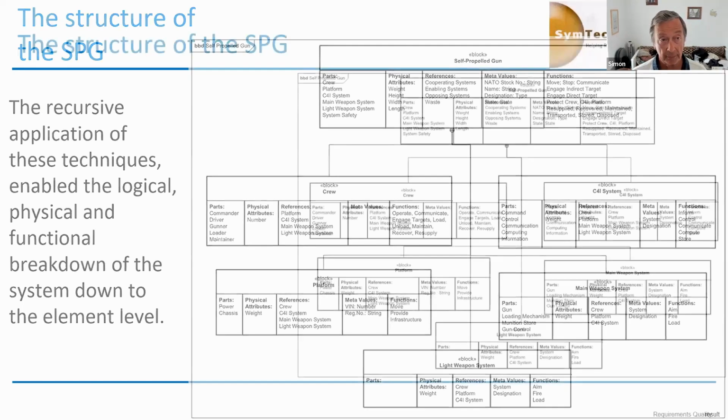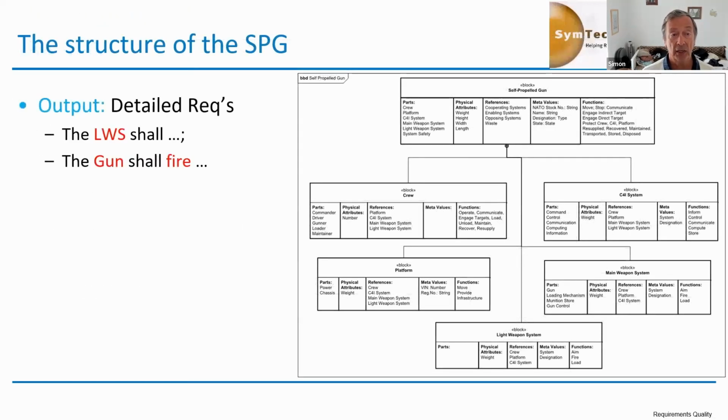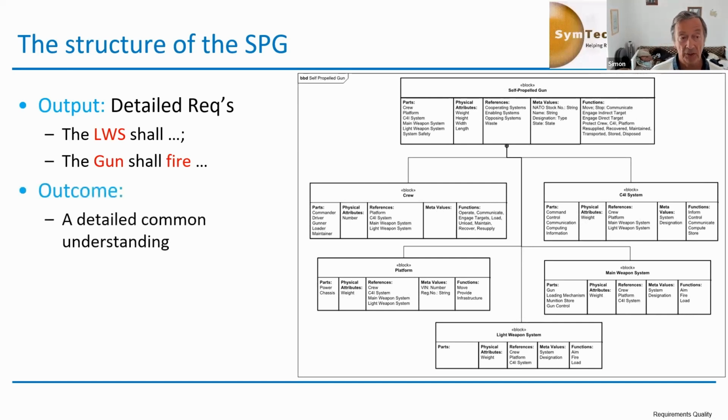The result? Well, this structure means we've got detailed requirements. The main weapon system, the gun, shall fire. The light weapon system, the machine gun, shall engage certain threats. So we've got detailed subsystem requirements dropping directly out using the same methodology.